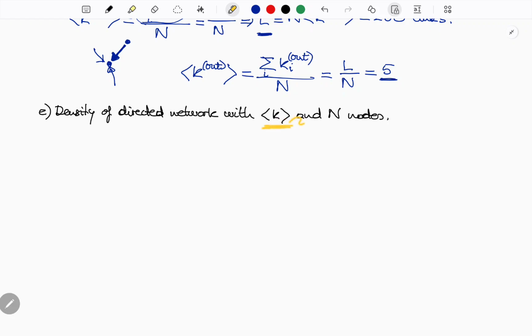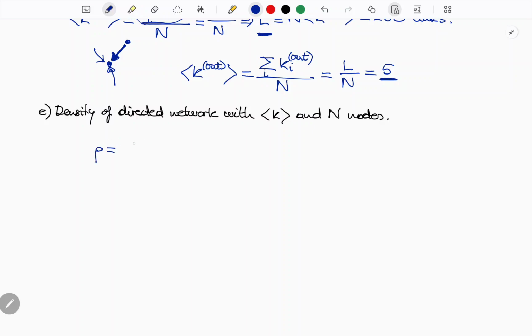That is why they are telling me only k, and no k in or k out, and n nodes. So in this case, we are going to do exactly the same. Remember that the density is the number of links divided by the maximum number of links that I might find in that network.